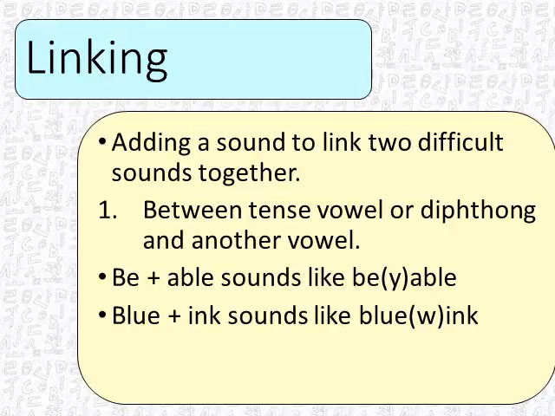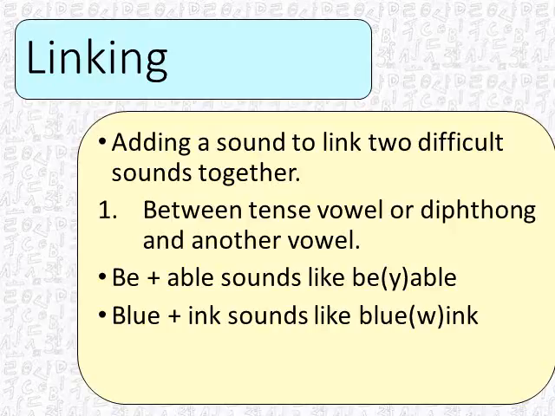The other tense vowel is "oo," like blue. So when you say blue followed by another vowel, say "ink" for instance, it sounds like there's a W there. The W sound, "wa," starts off in a very similar way to "oo" and then relaxes towards the middle of the mouth.